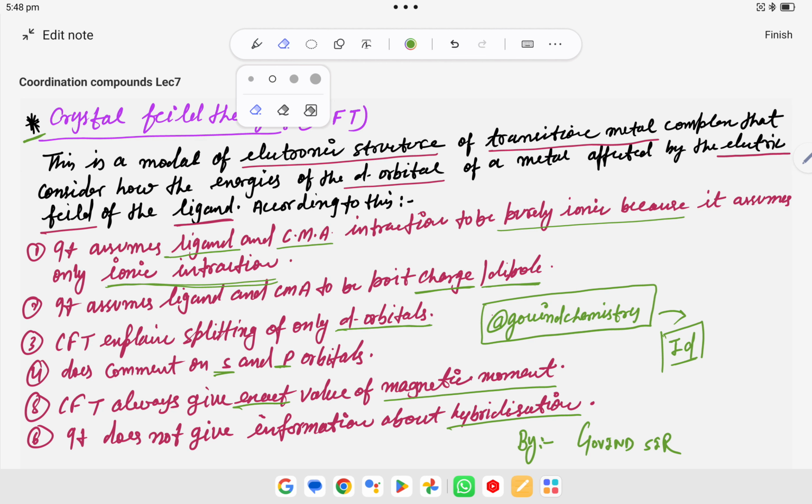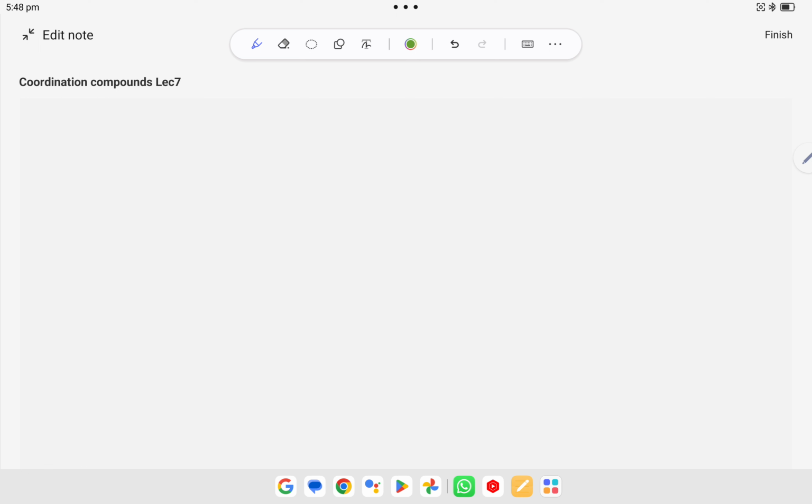Now we will check splitting in octahedral complex.